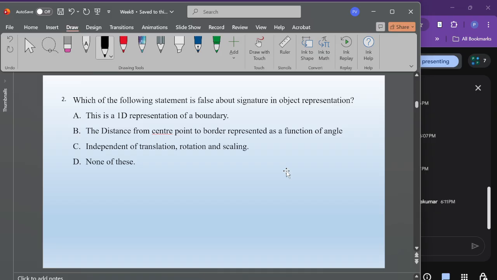Option B, the distance from the center point to the border represented as a function of angle. Option C, independent of translation, rotation, and scaling. And option D is none of these. So they are asking about the false statement. Which of the following statements is false about signature in object representation?